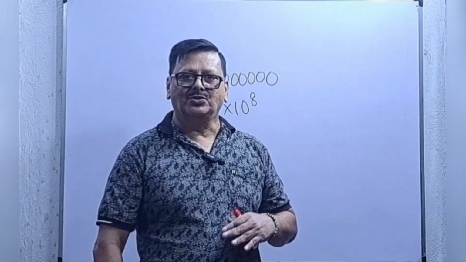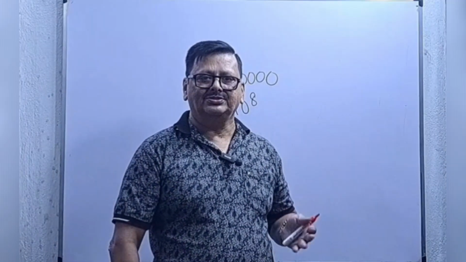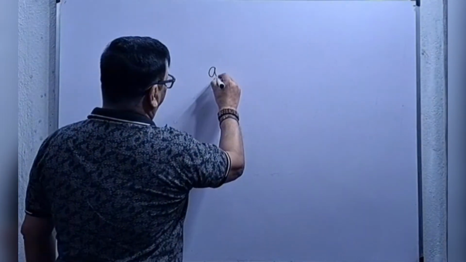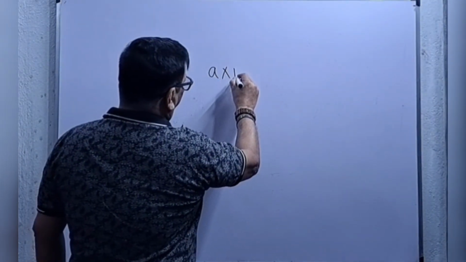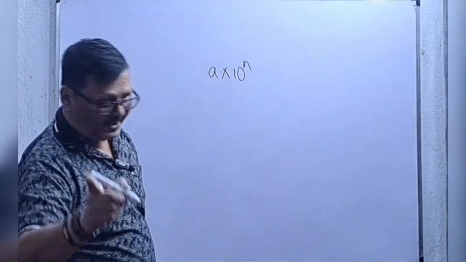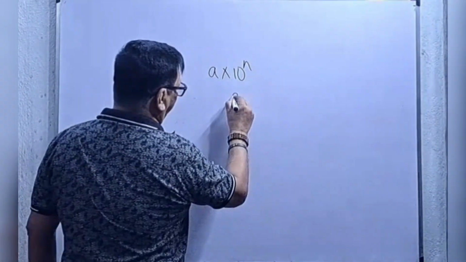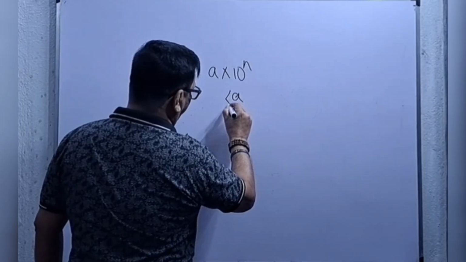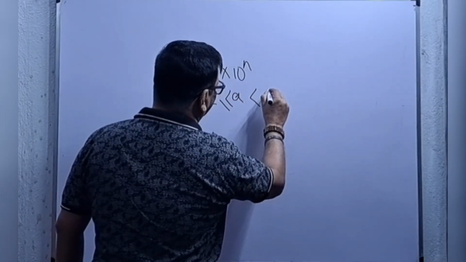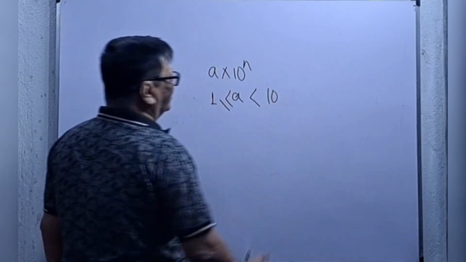So let us see what standard form is all about. Standard form can be written as a times 10 to the power of n, where the value of a should be greater than or equal to 1 but less than 10. Right?